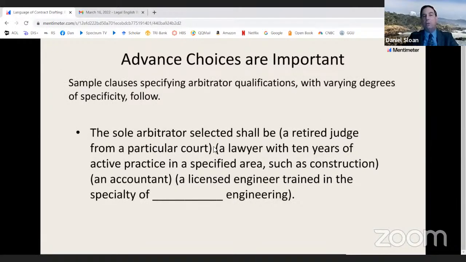The sole arbiter selected shall be, and this would be a clause you might put in your contract, a retired judge from a particular court. You can see how a judge in a pretrial settlement, which we talked about before, might have an area of expertise, where cases particular to his or her specialty are assigned to them.